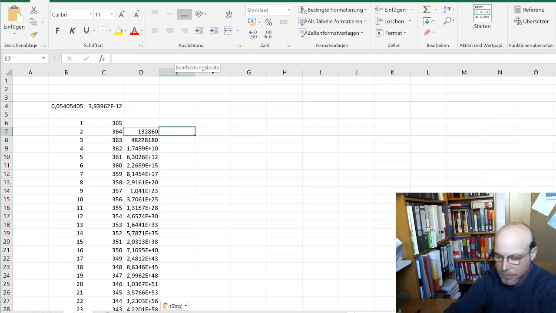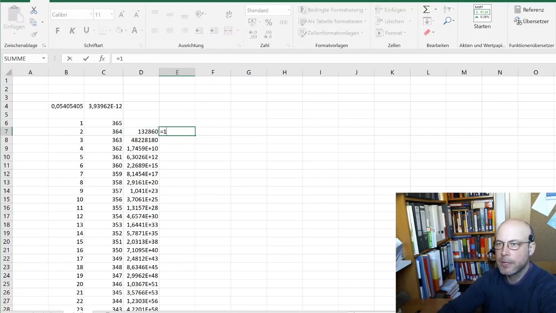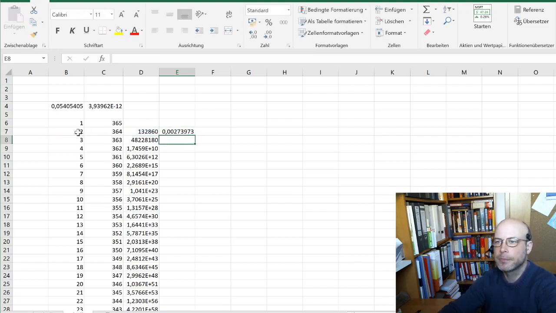And then, of course, we have to calculate 1 minus this number over 365 to the power of the number of our students. And here we have 2. And then we go on.